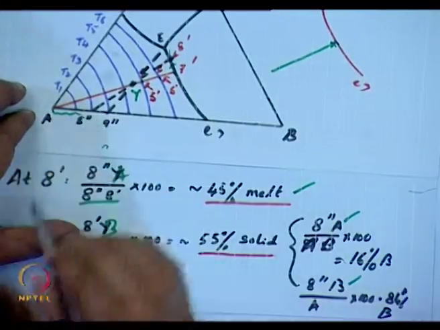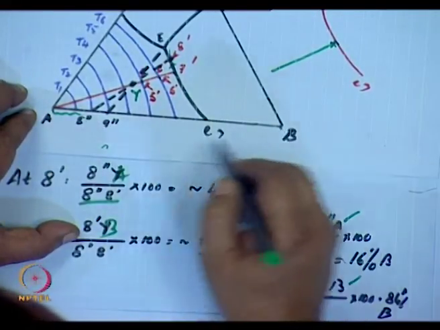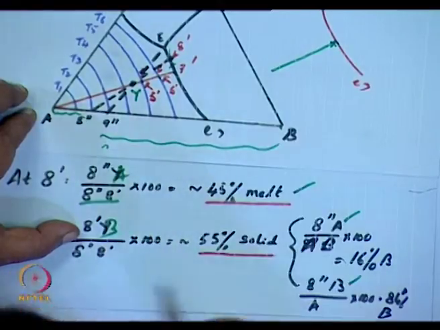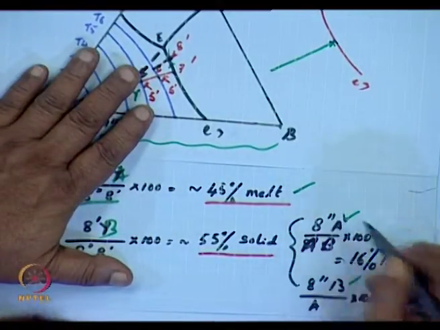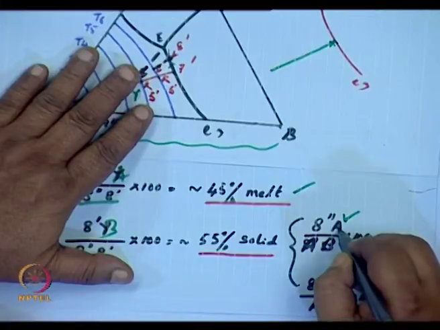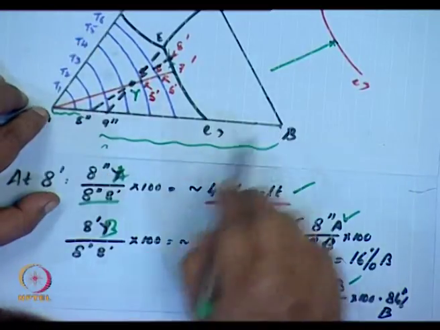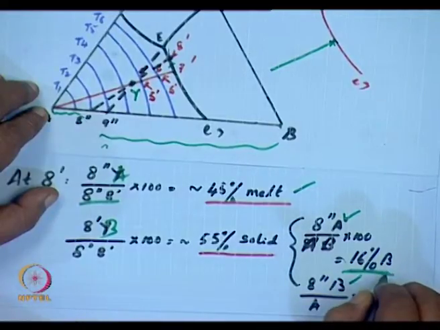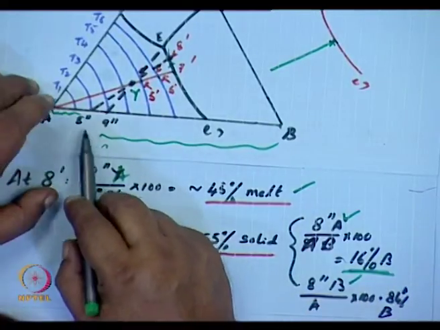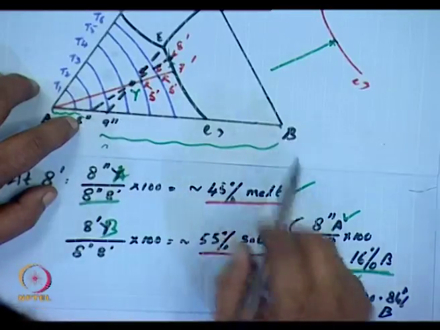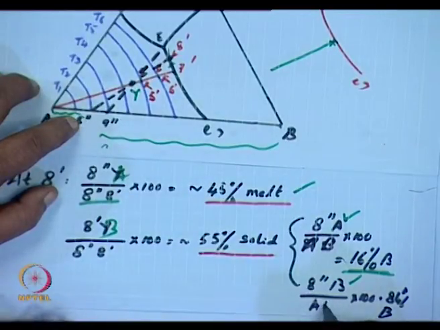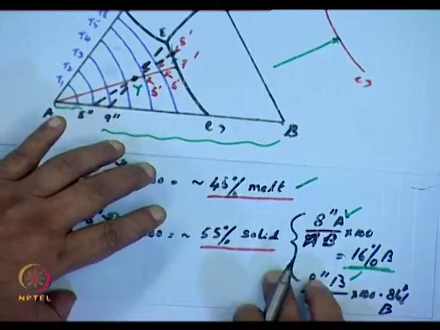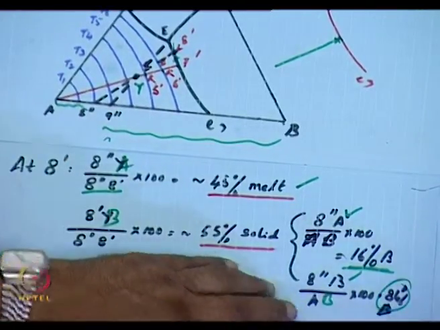So this length is proportional to the amount B, while this length is proportional to the amount A. And this is what I have done. 8 double dash A divided by this entire length AB gives me 16% B, and 8 double dash B divided by AB multiplied by 100% gives me 84% A.